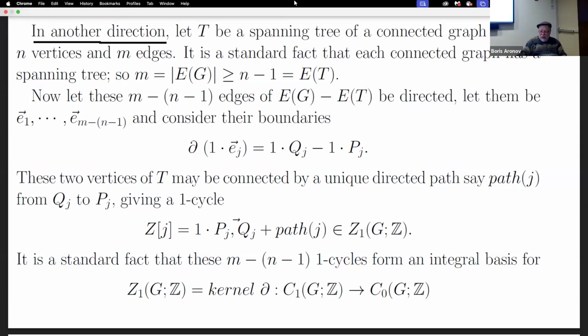That's what I'm describing here: each edge outside of a spanning tree corresponds to a cycle that goes all the way around and forms a loop. So that's the Z1 of G here, the group of one-dimensional cycles. If you like, that's the kernel of the boundary map from the one-dimensional edges to the zero-dimensional vertices. They can be described concretely in terms of the edges. You can give them a basis using the edges outside of the spanning tree, the complement of the spanning tree.